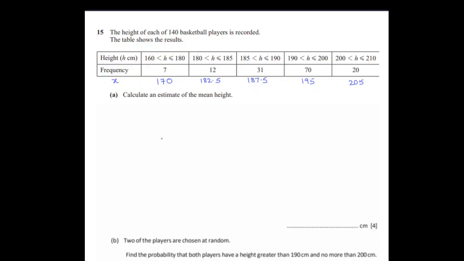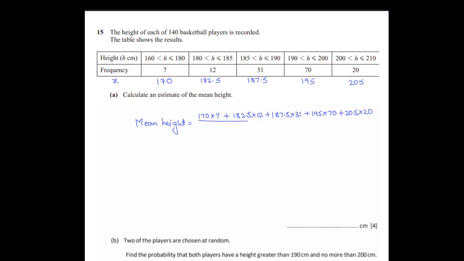Now finding the mean: mean height is equal to 170 into 7 plus 182.5 into 12 plus 187.5 into 31 plus 195 into 70 plus 205 into 20.